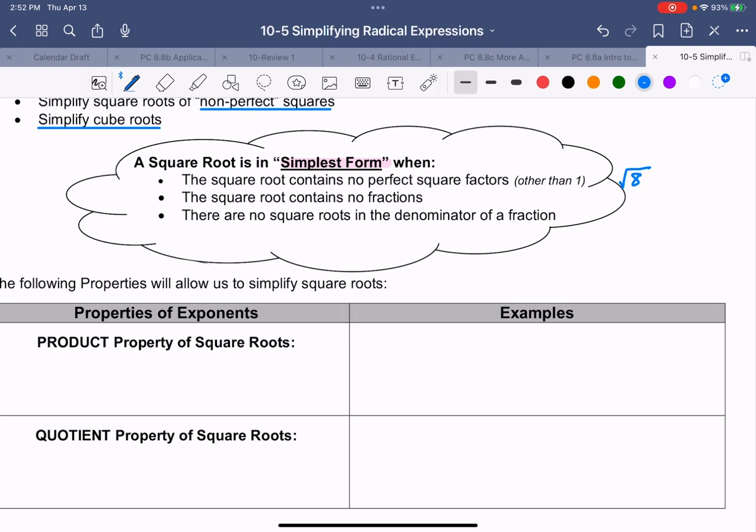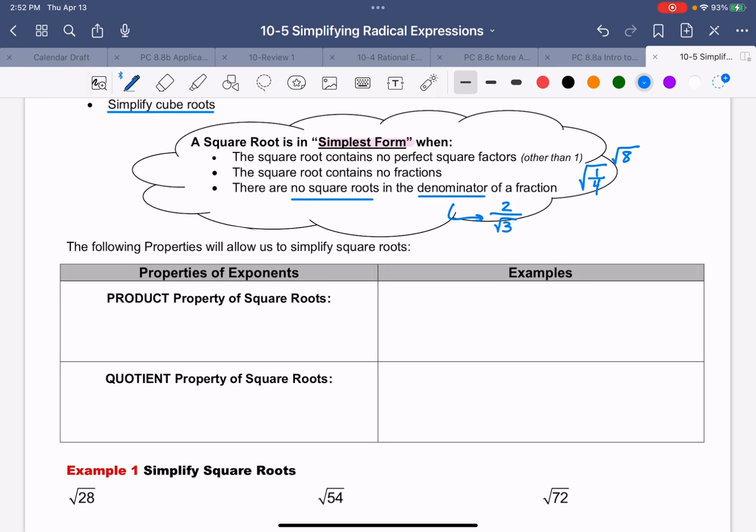Square roots can't contain any fractions, so if I have something like 1/4 under a square root, that's not considered simplified. And we can't have square roots in the denominator. We saw this back with special right triangles when I had something like 2 divided by root 3. We're not going to deal with that rule today, but we've seen it before. We have to get that radical out of the denominator.